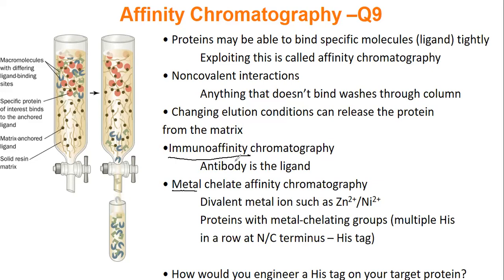So if you make an antibody against your protein, you have to special order this, by the way. You ask a company, I have a protein, I want to make an antibody against it. And they'll do that by injecting it into a rabbit or a mouse. And it costs a couple thousand dollars.